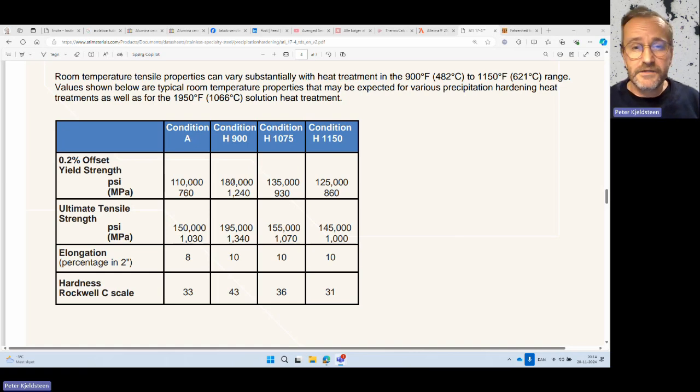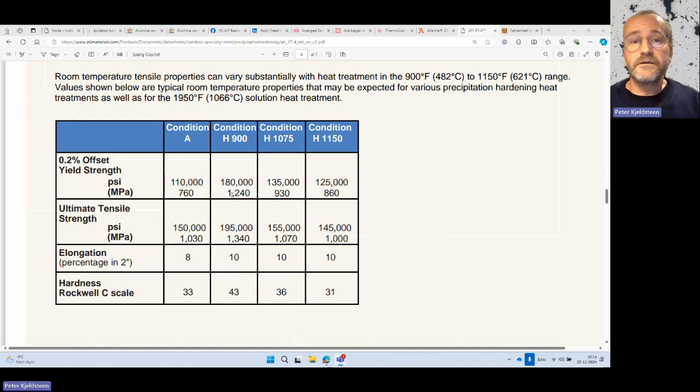As you have seen, we have talked about the mechanical properties of the 17-4 PH steel. And as you can see in the sheet just next to me here, the material without any treatment, that's the one here, has a 0.2 strength of 760 megapascal.